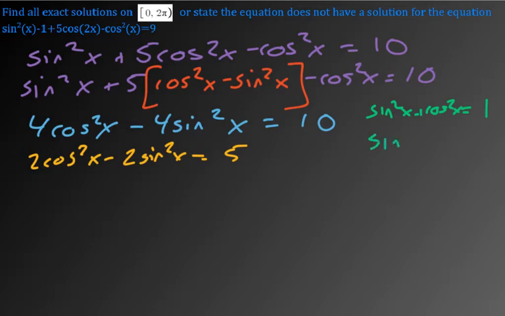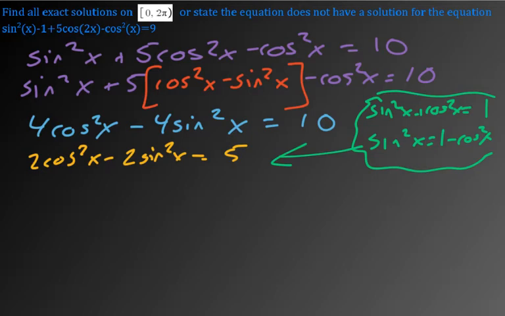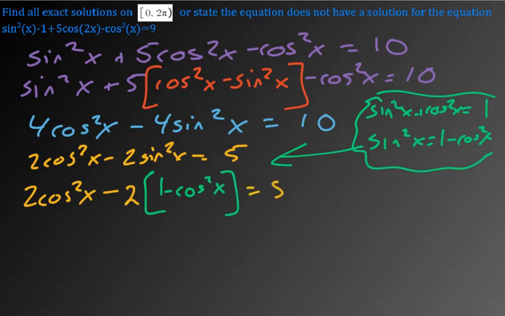So sine squared x will equal 1 minus cosine squared x, right? So I'm going to use that in here. So I have 2 cosine squared x minus 2 times the quantity 1 minus cosine squared x, and this all equals 5.